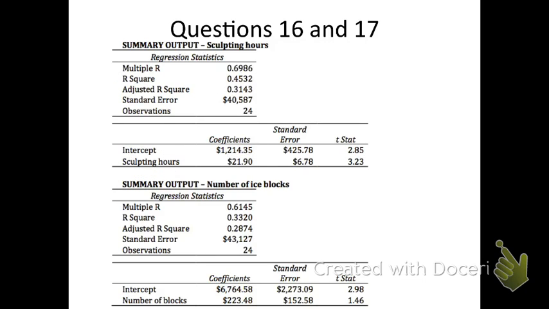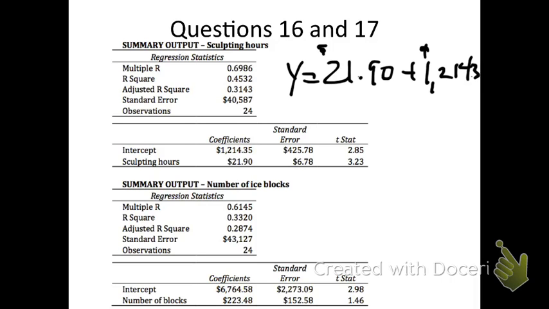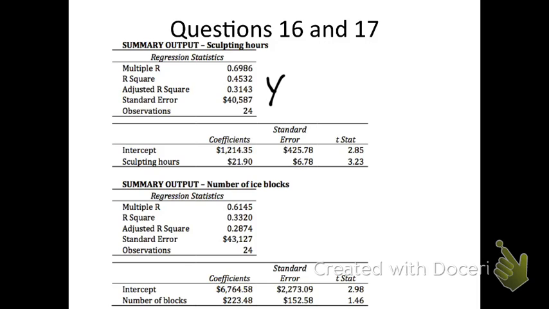So what we're looking at here is our estimation equation: y equals 2,190 plus $1,214.35 times x. I didn't write that very well, but you get the idea.